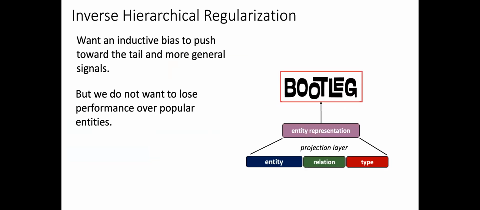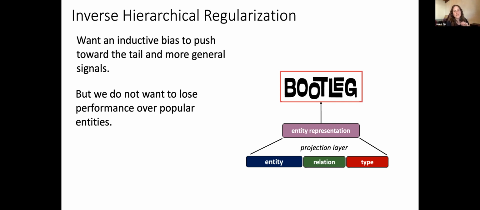So what actually happens when you're training these things in the real world is you'd love for the model to be able to balance these signals appropriately on its own. Now, remember, as I said before, these signals are in a hierarchy, and the entity signal, that blue embedding here in my model, is going to be the most discriminative signal.